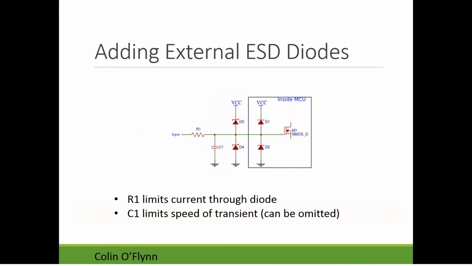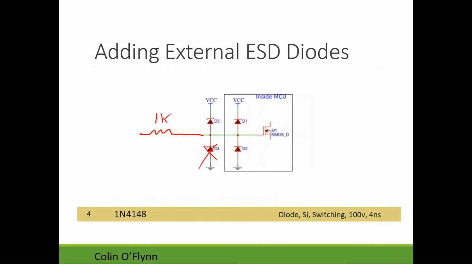You can also add a capacitor, so you can do things like slow down the speed of the transient. The problem with the previous one is these diodes have a certain turn-on time. It's very fast, like 4 nanoseconds, but it's still there. So if you had an extremely fast, very high power spike, especially as you get into ESD type things, you may end up with 100 volts getting to this pin.